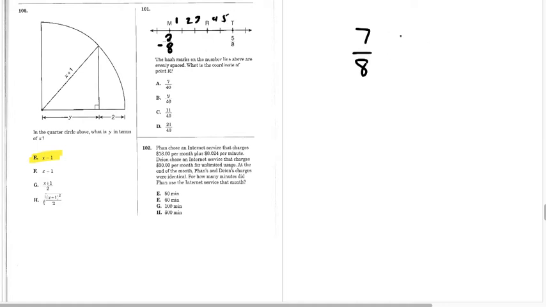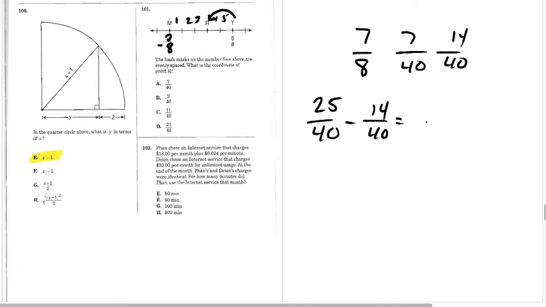So 1/5 would be 7 over 40, right? But we need 2 of them to go from T to R. So it's 14 over 40. So change 5/8 to 4/8. We're going to have times 5, 25 over 40 minus 14 over 40. It's going to give us 11 over 40. All right, answer is C.